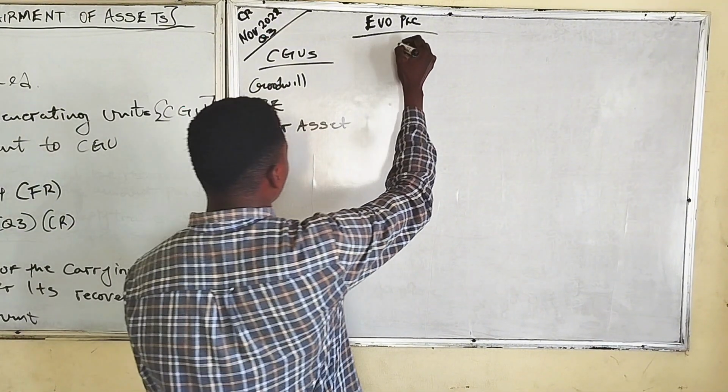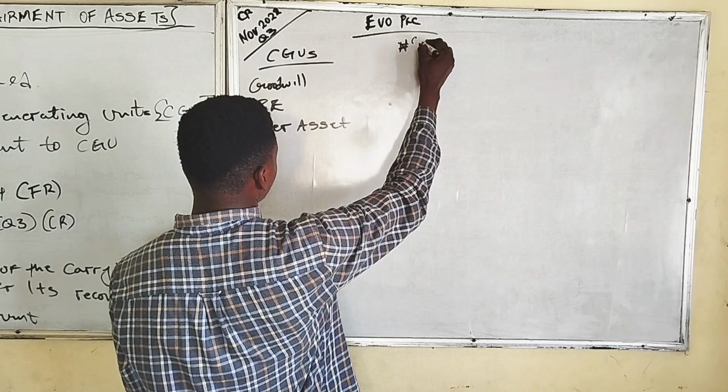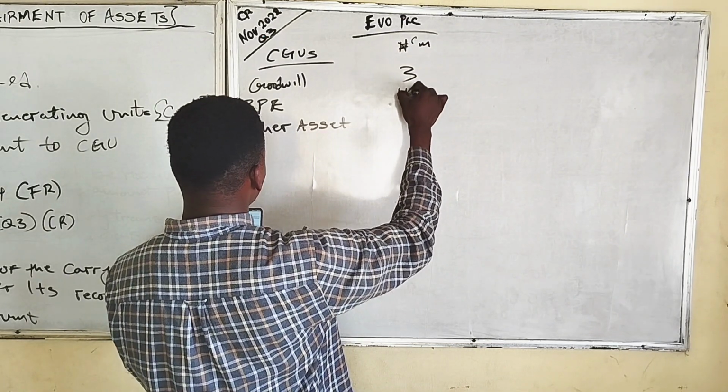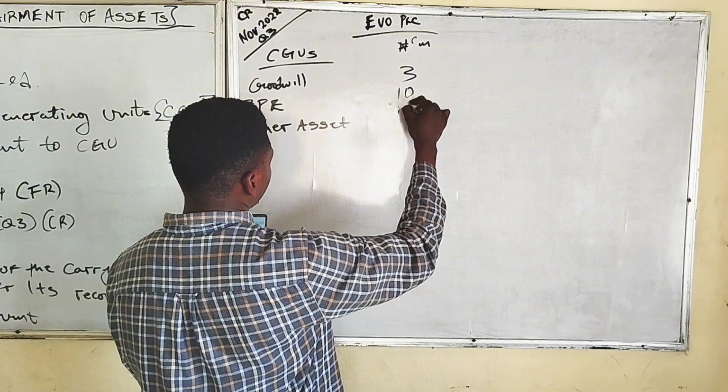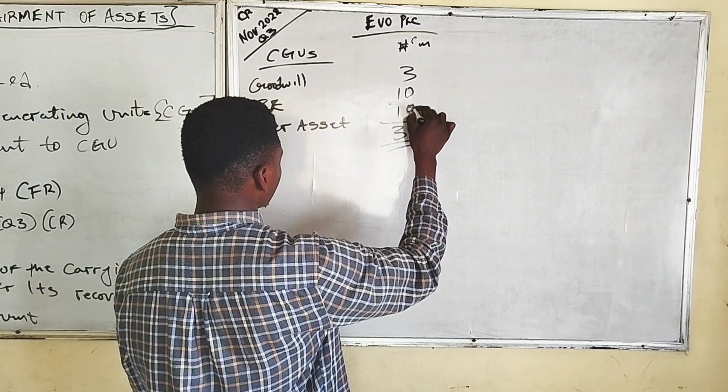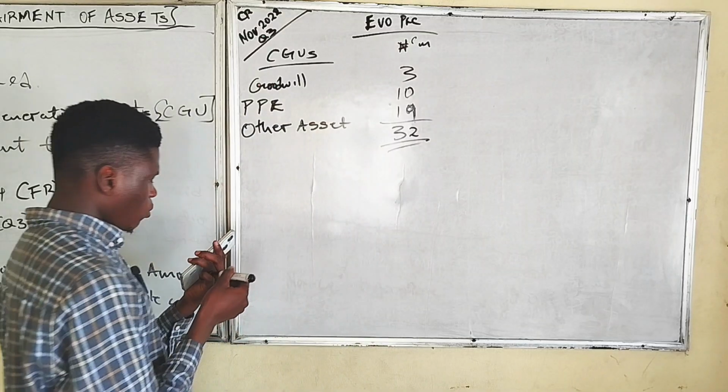So we have 3 million here, we have 10 million here, we have 19 million here, making it 32 million. These are the cash generating units.